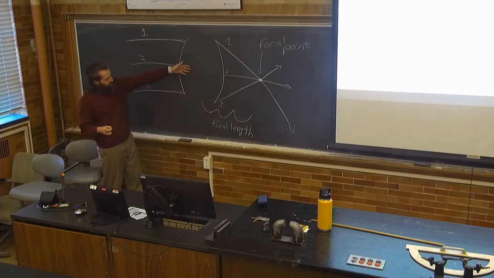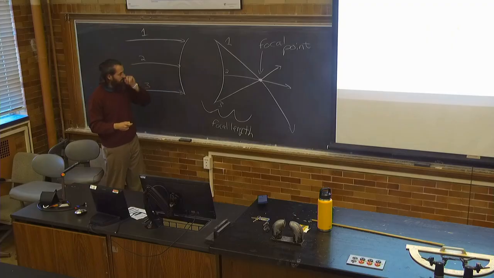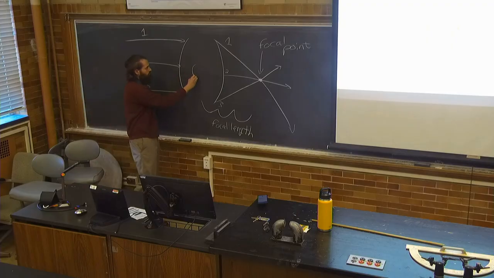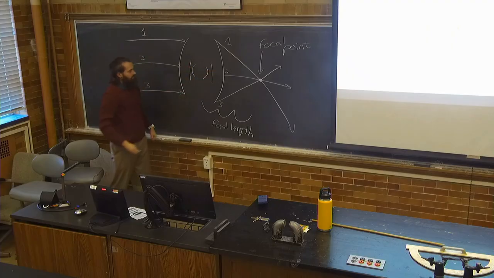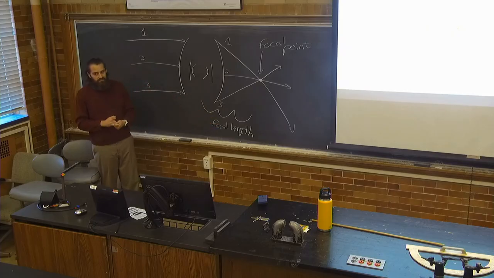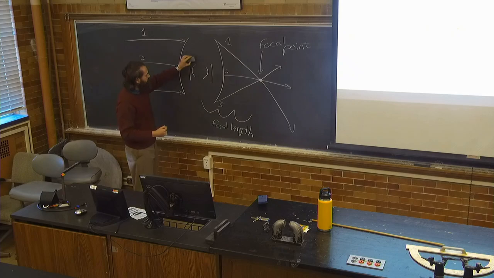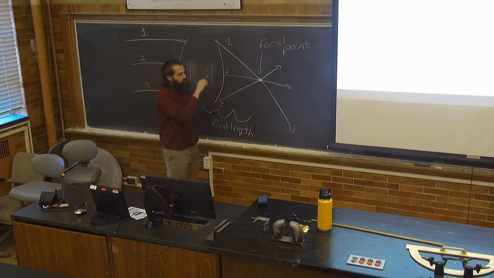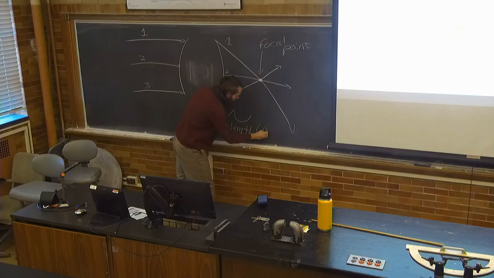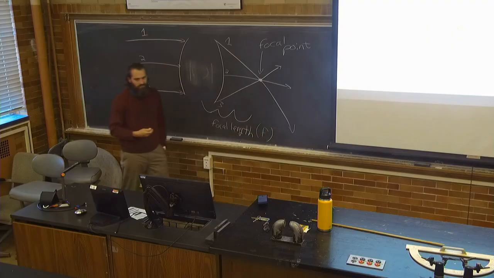I just drew one example of a curved lens, but you could imagine one that has more curvature or one that has less curvature. The degree of curvature will determine the focal length of that lens. For some of the equations that we'll see later, this focal length we're going to write as the variable lowercase f.